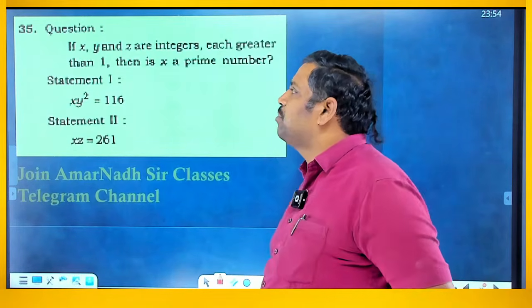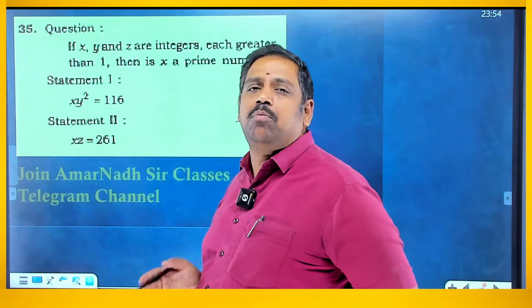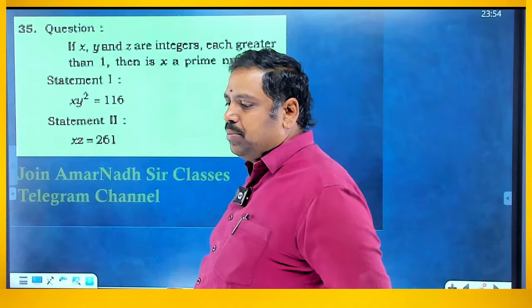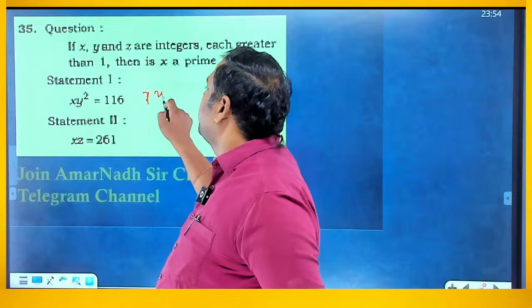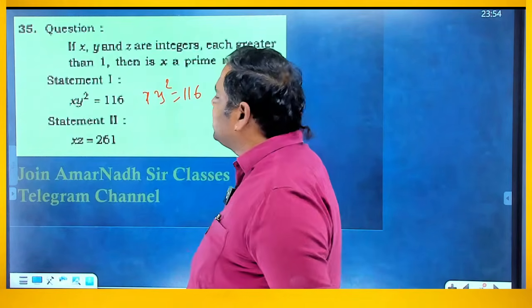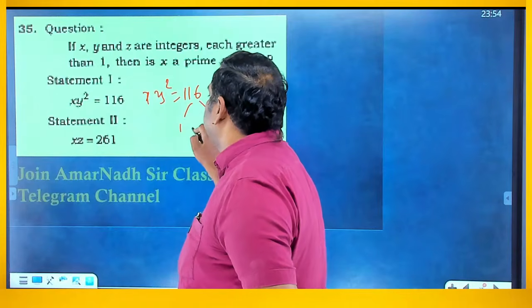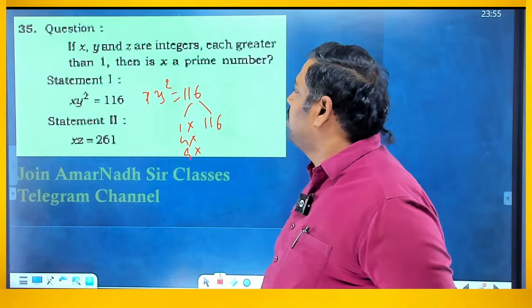He is asking, is x a prime number or not? X and y both are integers greater than 1, means x and y both are positive numbers. Now observe, x into y square is equal to 116. If you want to write 116 as a product, 1 into 4 into 9, like that, you have to verify. 1 into 116. Okay, fine.